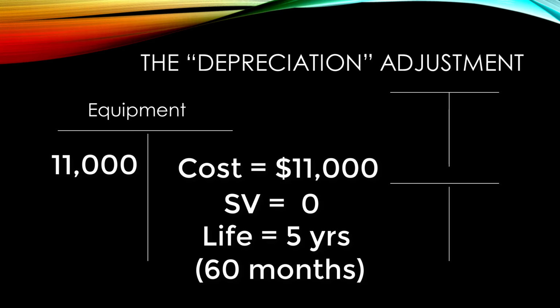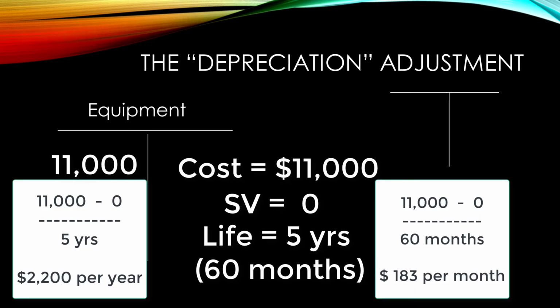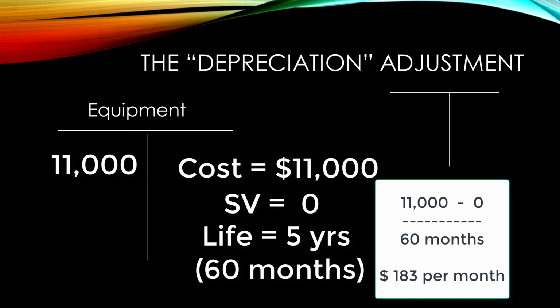Let's compute depreciation. 11,000 minus 0 divided by 5 years is equivalent to $2,200 per year, or calculated on a monthly basis, 11,000 minus 0 divided by 60 months equates to $183 per month.